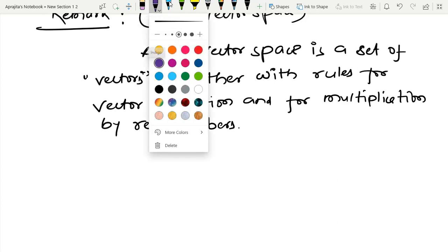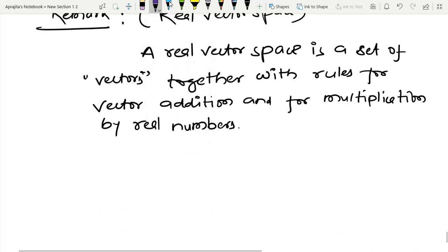So this is the story about the real vector space.